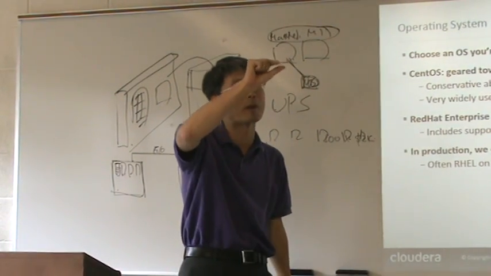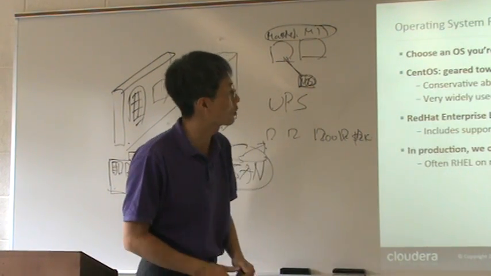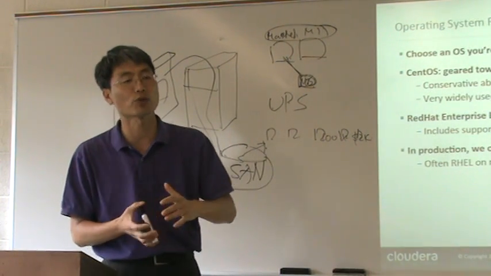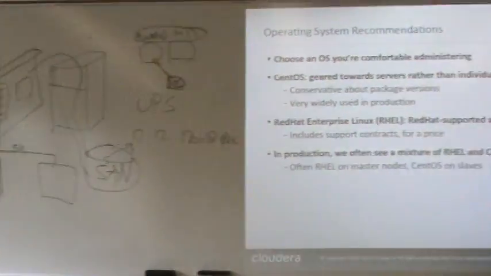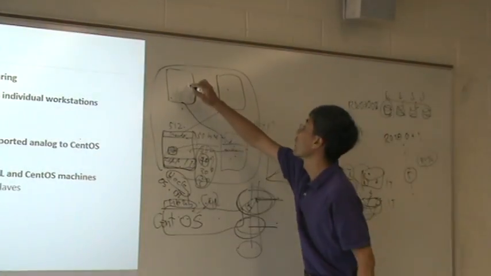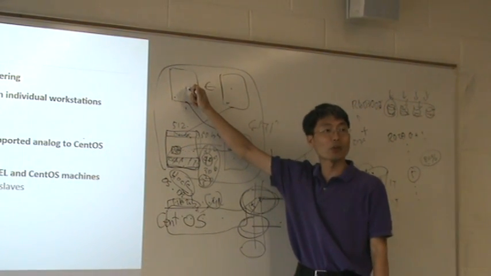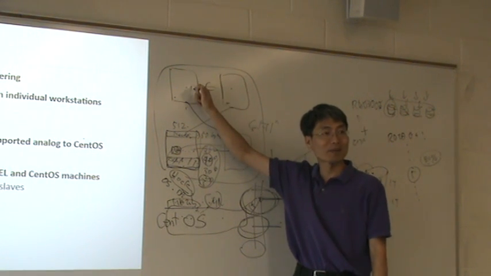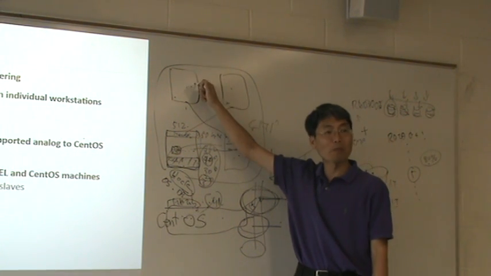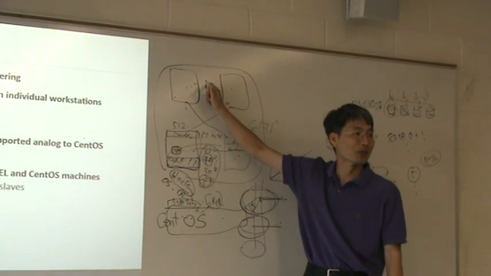So it's a good idea to synchronize your operating system. In a Hadoop system, it is strongly recommended to use the same hardware specification, the same operating system down to the minor version, and the same application.